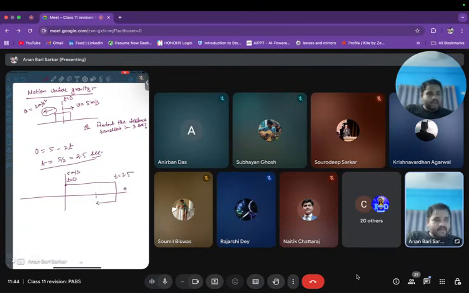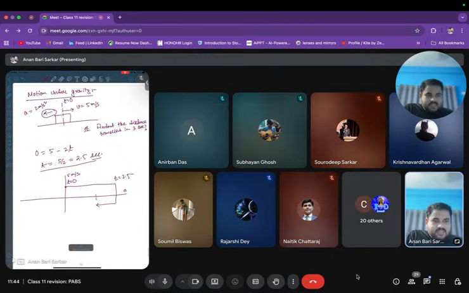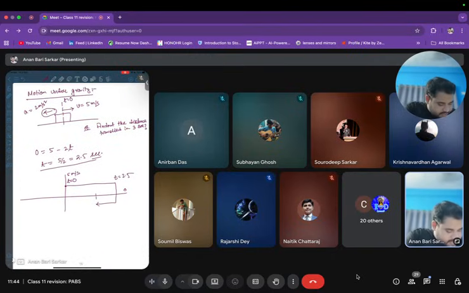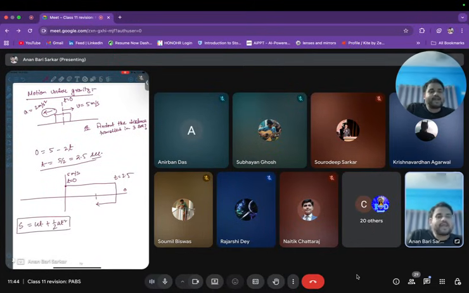Now, however, having the urgency or let's say tendency of utilizing s equals to ut plus half at square to calculate this, and you have readily put t is equal to 3, please understand this is a vector, this will give you the vector, this displacement.